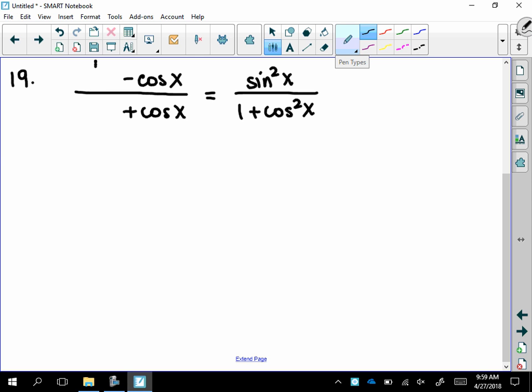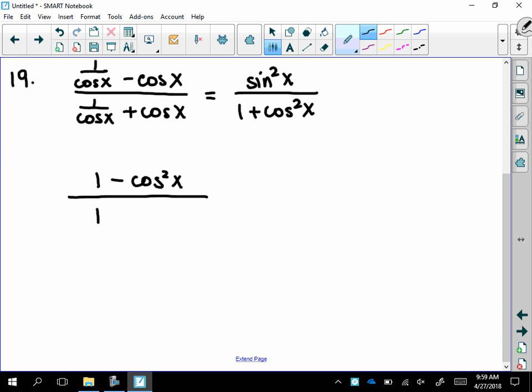And then I have a compound fraction. And what's the common denominator? Cosine. So multiply everything over here by cosine. 1 over cosine times cosine is 1. 1 times cosine is cosine squared. 1 over cosine times cosine is 1. And 1 times cosine is cosine squared. And then sine squared, 1 minus cosine squared.